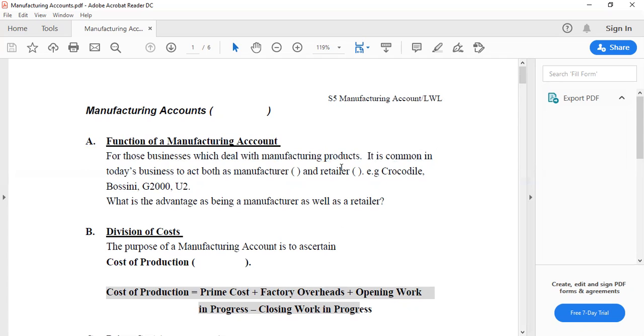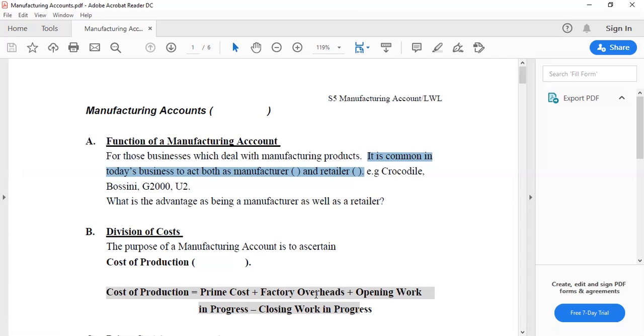It's common for businesses to act both as manufacturers and as retailers. A good example is the big supermarkets, like Naivas supermarket or Ismatia in Kitengela. A supermarket is a retailer, but you find that they have a bakery section, where they bake cakes and also cook other foods and sell.